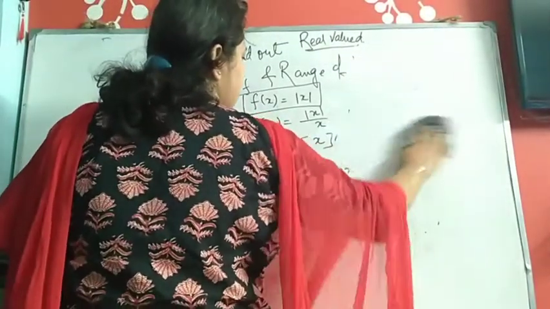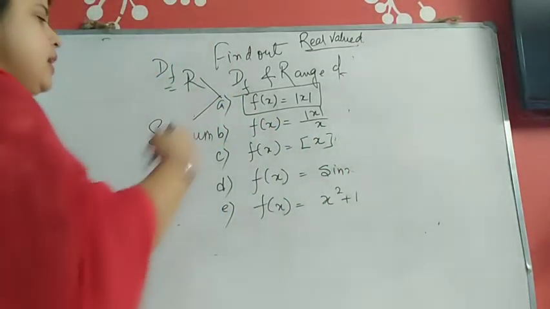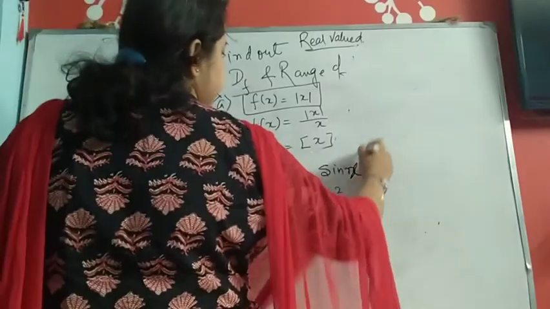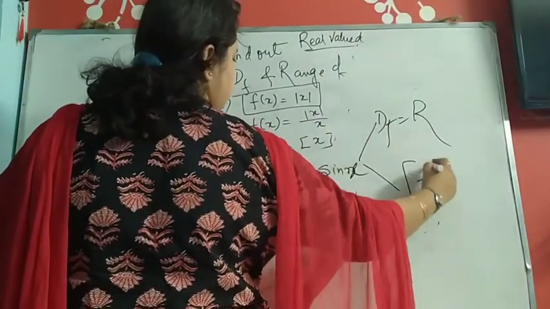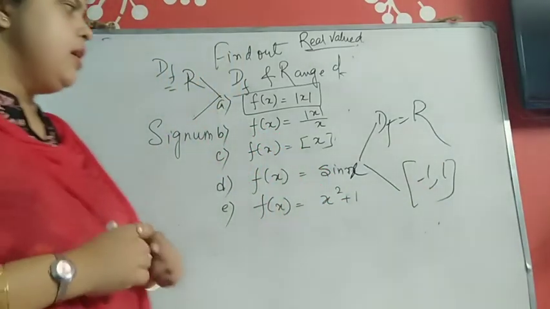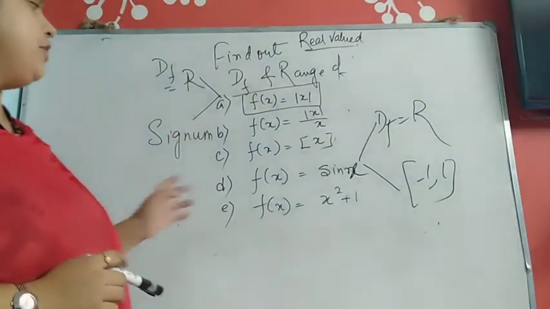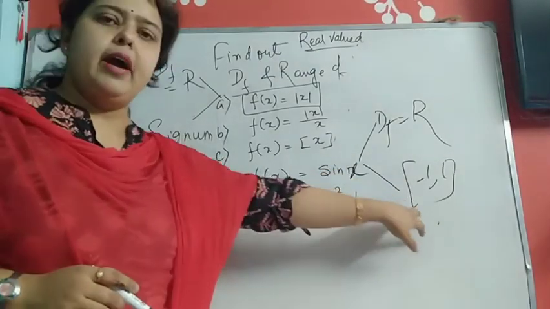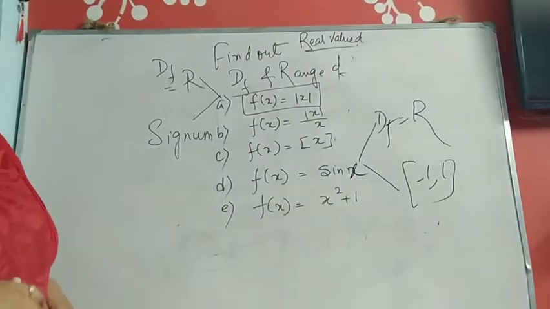Understood? So now trigonometric function, I have chosen just one trigonometric function, say sin x. Here the domain is all real numbers and the range of the sine function, as you have already studied in your trigonometric function chapter, the range of sin x is the closed interval from -1 to +1.